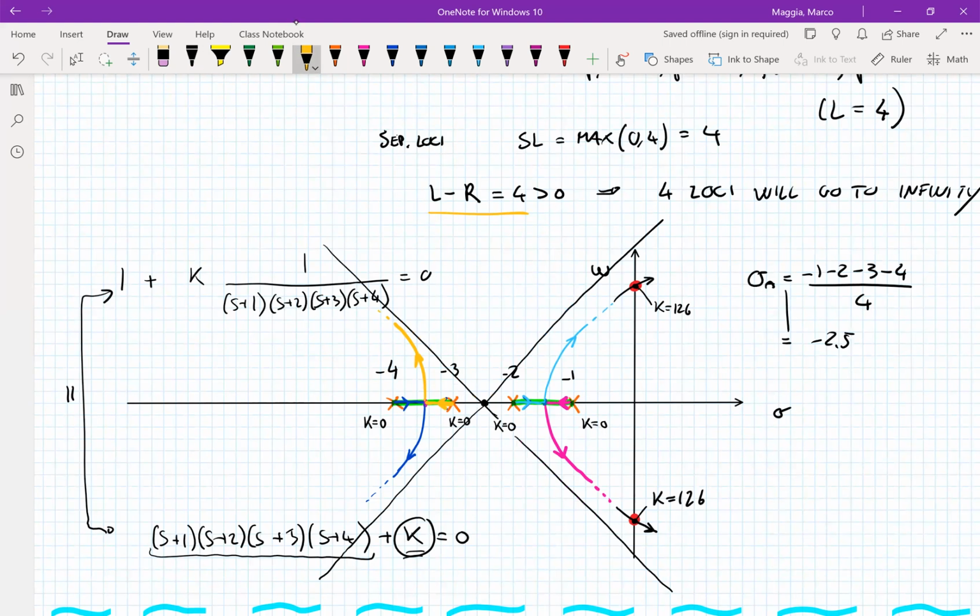And you see here that I'm following this asymptote going to infinity, this way, and then this way. I have to redraw the intersections.